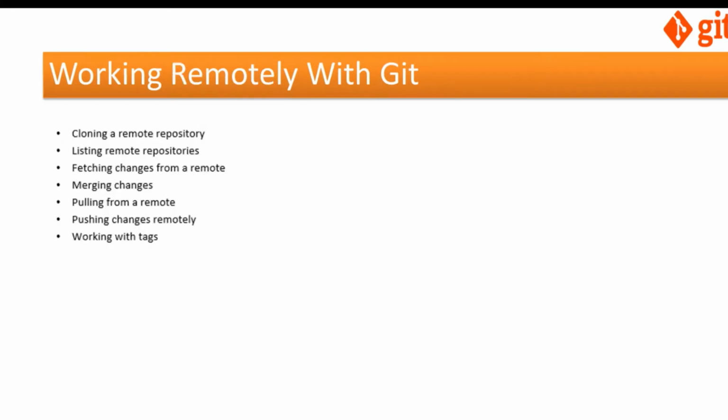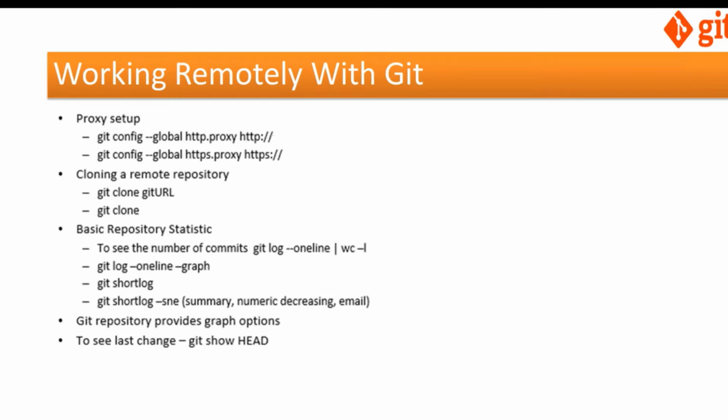Working remotely, you have to clone a repository, list the remote repository, fetch changes from the remote, merge the changes, pull from the remote, push the changes remotely, and work with the tags. Apart from that, in some environments, if your organization is not allowing it, then proxy setup is required.